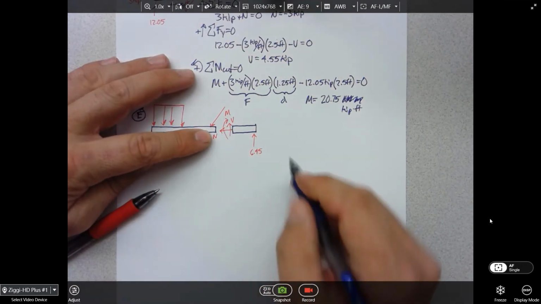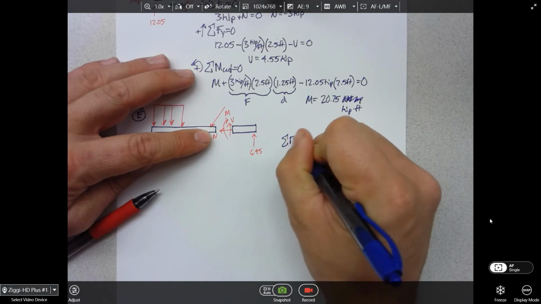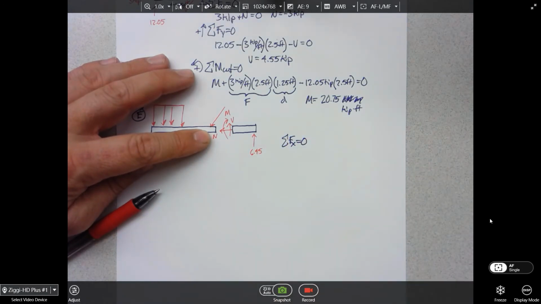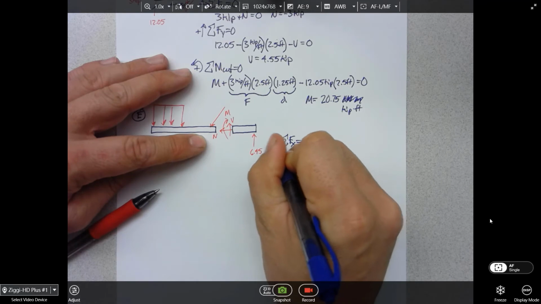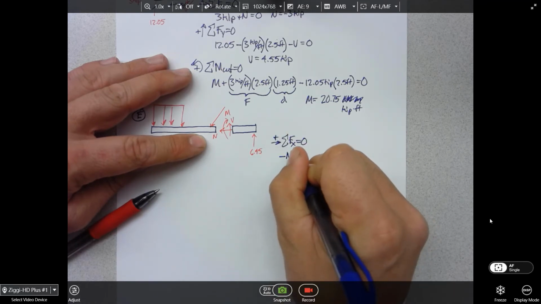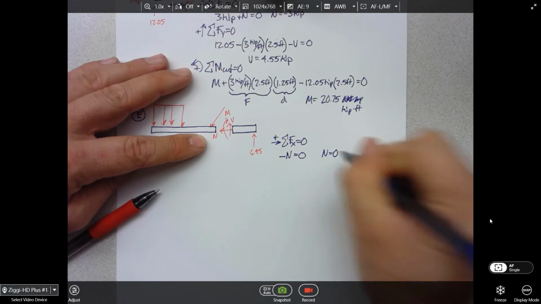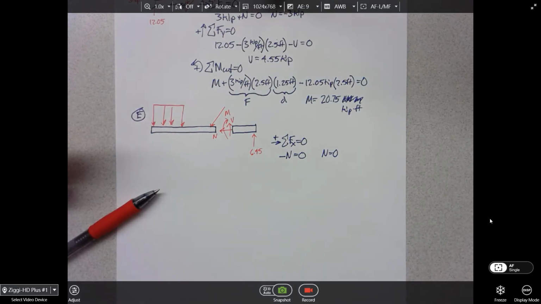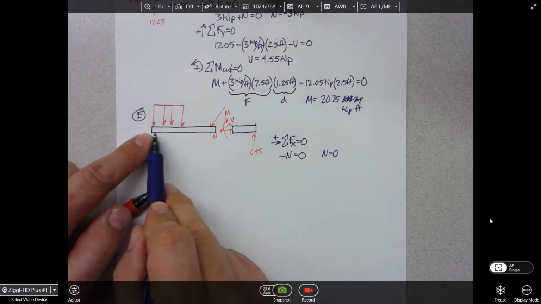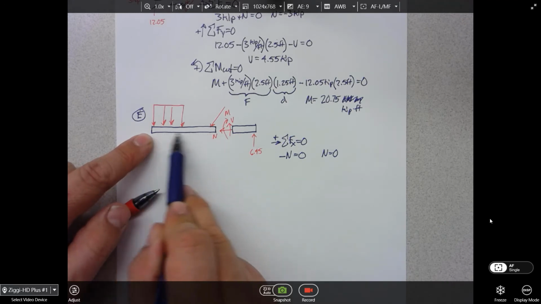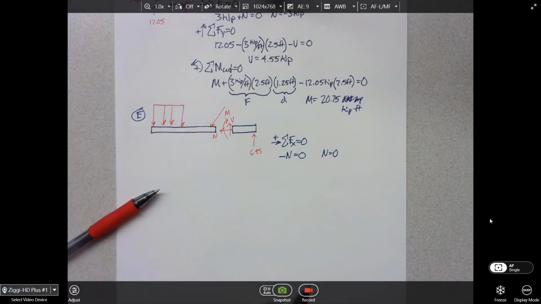Now, this is a pretty simple force summation, but let's start with the forces in the x equals 0. To the right is positive, so I'm going to have negative normal equals 0. What's the normal force? 0. That's weird. Because over here we said that it was negative 3 the whole time. Why is it 0 over there?